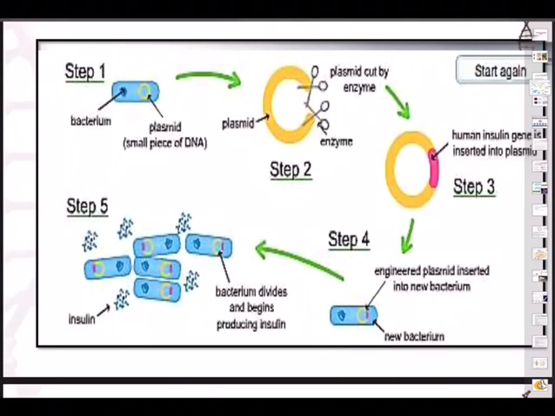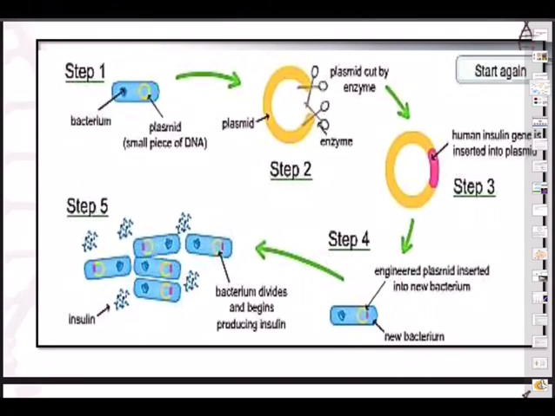Again, the hybrid plasmid, rather engineered plasmid, will be inserted into a bacterium, and the bacterium will be allowed inside a host to multiply. So this is what we have been discussing yesterday.